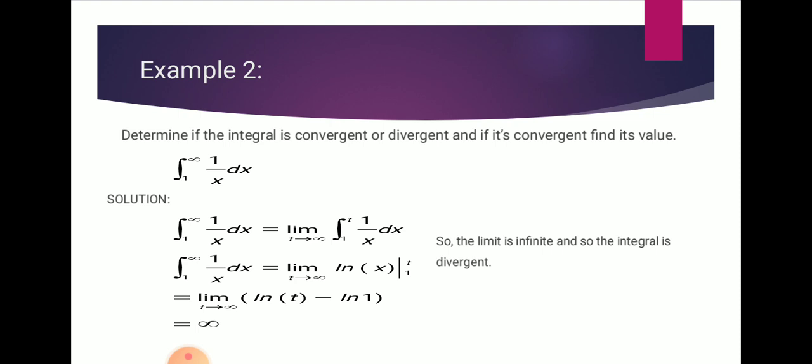The integral from 1 to infinity of 1 over x dx is equal to the limit as t approaches infinity of the integral from 1 to t of 1 over x dx. Now, do the integral and the limit. This equals the limit as t approaches infinity of ln x evaluated from 1 to t.